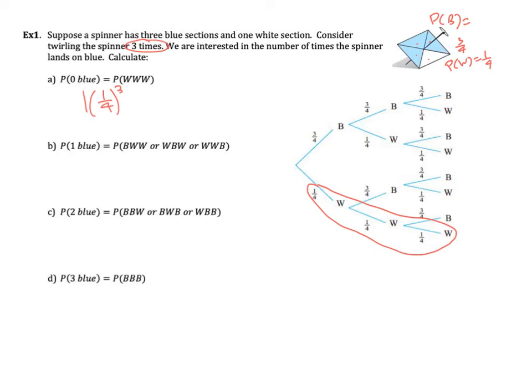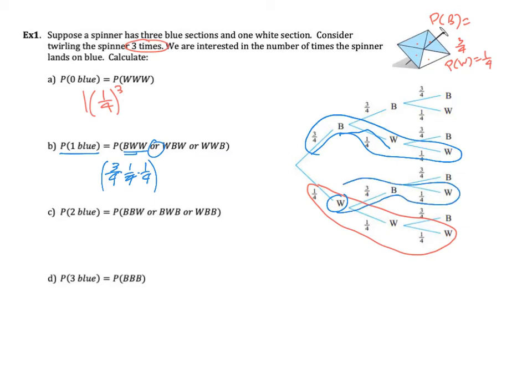So what is the probability that we spin and get 1 blue? So we've already laid it out here for you. You can see we can either spin the first time and get a blue, spin the second time and get a white, spin the third time and get a white. So it's blue, white, white. So that's 3/4 times 1/4 times 1/4. Or we can spin and get a white, and then we can get a blue, and then we can get a white.